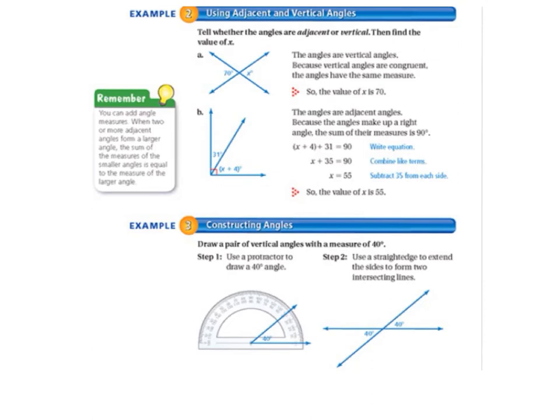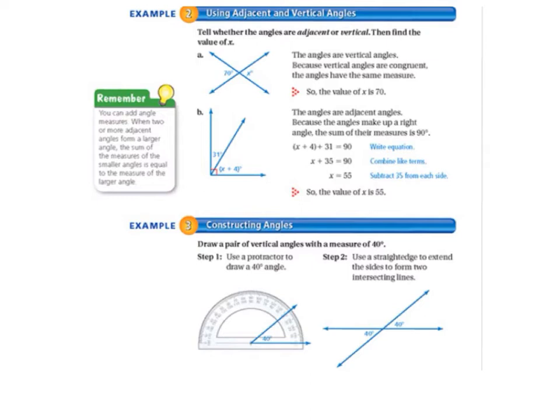Moving on to page 273, we're going to look at example 2. It says, using adjacent and vertical angles, tell whether the angles are adjacent or vertical, then find the value of x. So the angles are vertical angles in letter A because vertical angles are congruent. The angles have the same measure.